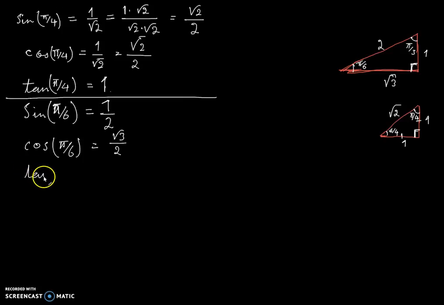And tan pi by 6 would be opposite by adjacent. This is the opposite side and this is the adjacent side. So 1 divided by root 3.